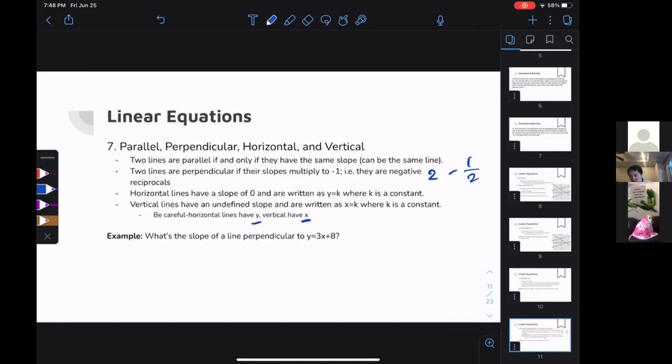And all right, so given this information above with perpendicular slopes and parallel slopes, solve this question: what's the slope of a line perpendicular to y equals 3x plus 8? In addition, find a line parallel to this, a different line, not the same one. Just send me your answer in chat.